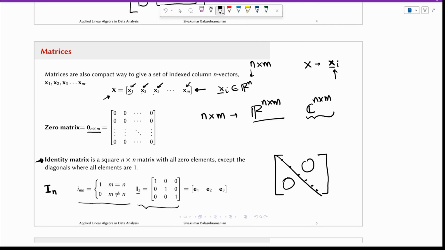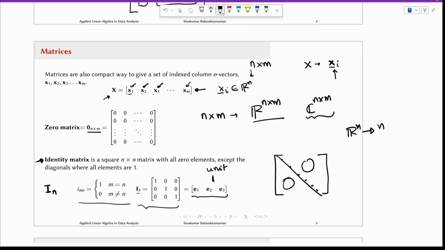If you look at it carefully, we can write the identity matrix as a block matrix involving the e vectors. What are the e vectors that we saw earlier? Vectors where one element is 1, everything else is 0. Unit vectors, right? And for any space Rn, how many unit vectors do we have? n unit vectors.